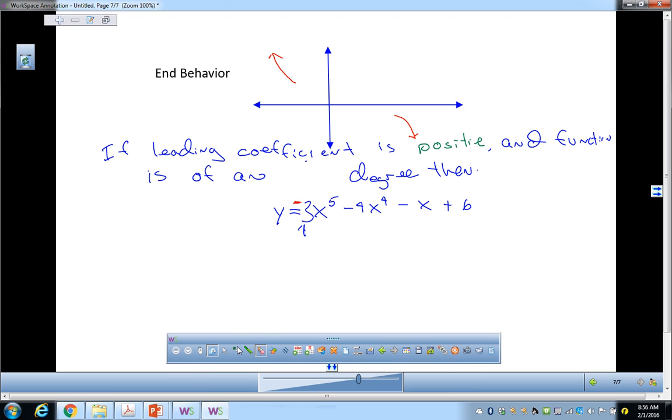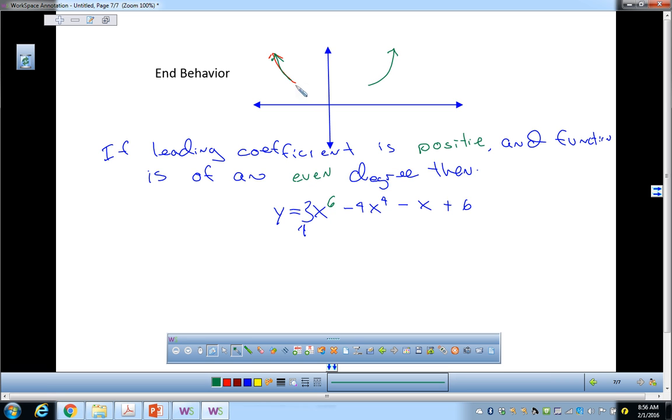Okay. What's going to happen in that case? What do you think? It's going to be up, up. Just like y. So, for instance, if I were to change this and make this 3x to the 6th, okay, then it's going to start up, and it's going to end up.